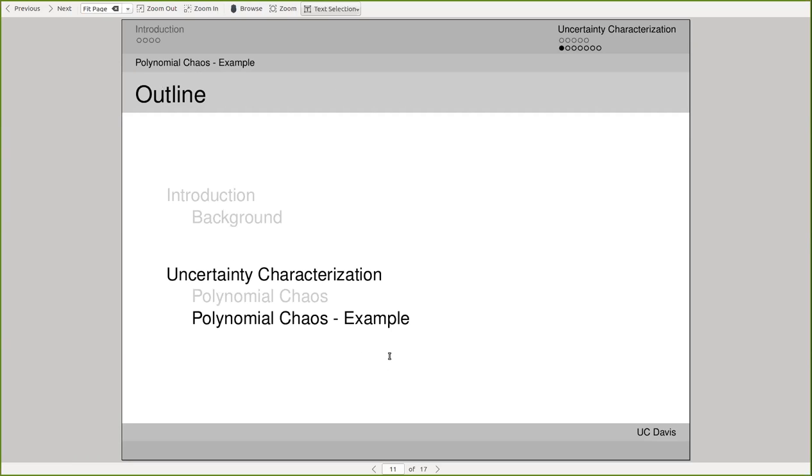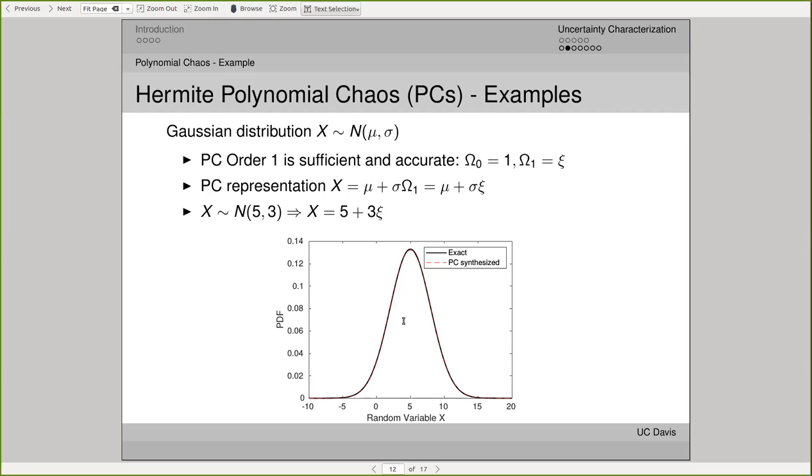And now I will present some examples of this polynomial chaos expansion. Let's start with the very simple Gaussian distribution with any given mean mu and standard deviation sigma. For a Gaussian distribution, polynomial chaos of order 1 is already sufficient and accurate to capture the whole probability distribution.